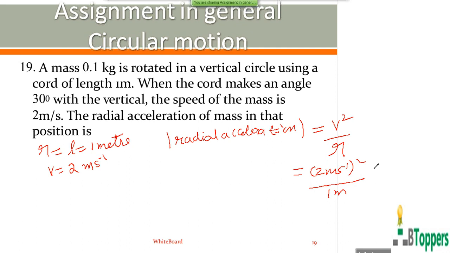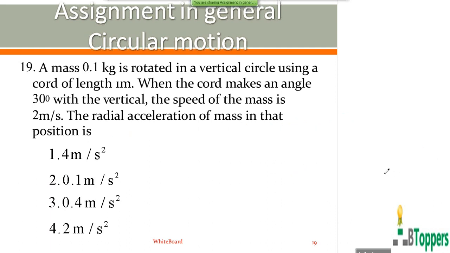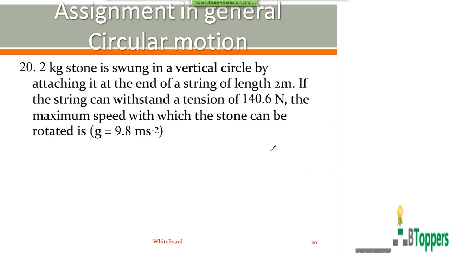The radius of circular path is 1 meter. So you get the answer as 4 meter per second square. So for question number 19, first option is answer. Next, look at the question number 20.